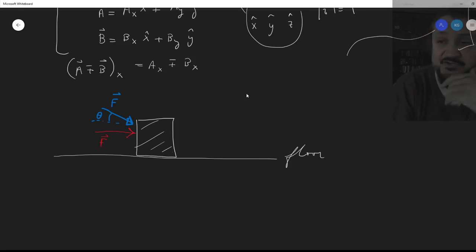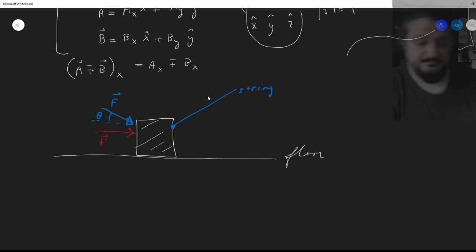I may tie a string here and pull the string in this direction, okay? String or rope. Or one of those bags, you know.